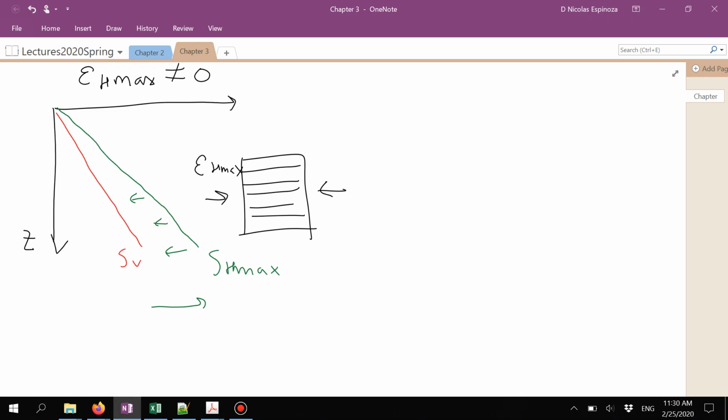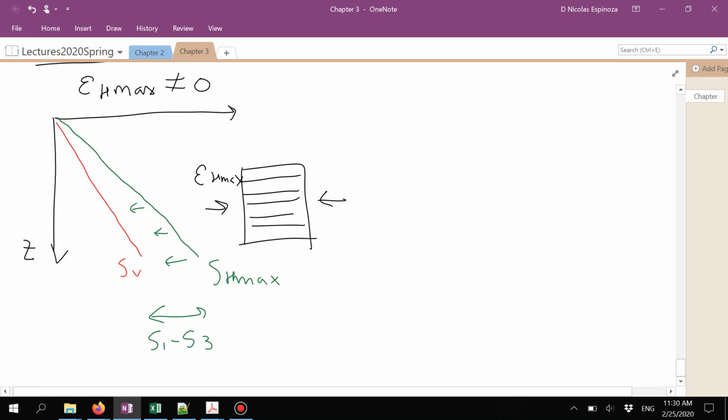And the difference between the maximum and the minimum, in which case S1 is SH max and S3 is SV, is going to tend to be reduced with time. And as a result, the stress with time is going to be lower.